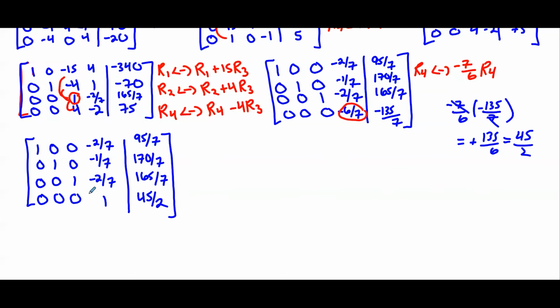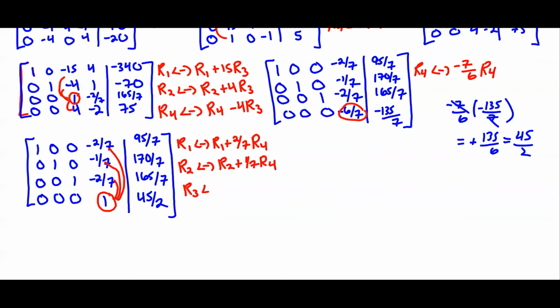Okay, so now we're going to take this 1, pivot, so I'm going to replace row 1 with row 1 plus 2/7 row 4. Replace row 2 with row 2 plus 1/7 row 4. Replace row 3 with row 3 plus 2/7 row 4.